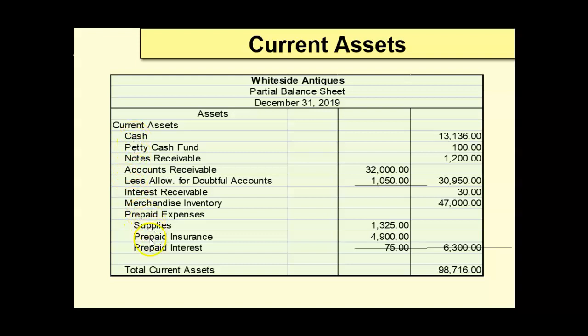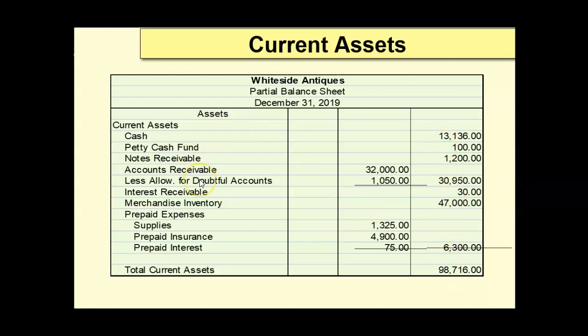Prepaid expenses are items that we are going to use up, typically in a time frame less than 1 year from our balance sheet date, such as supplies, prepaid insurance, prepaid interest, etc. So we're going to list all of our current assets.